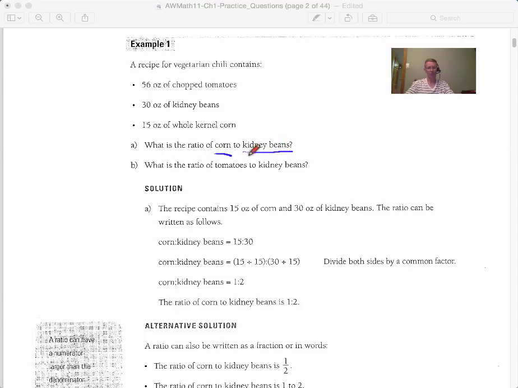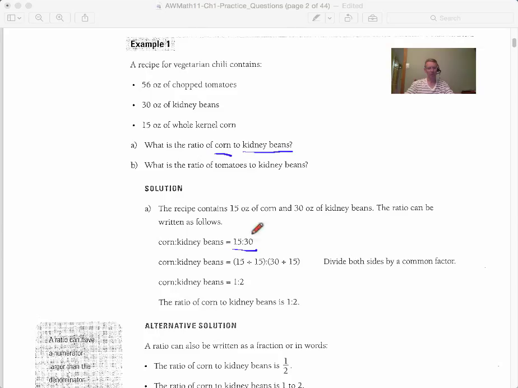So if you're going to write a ratio, you want corn to kidney beans, or corn divided by kidney beans. Corn is 15. Kidney beans 30. So it's going to be 15 to 30 as it says right here.